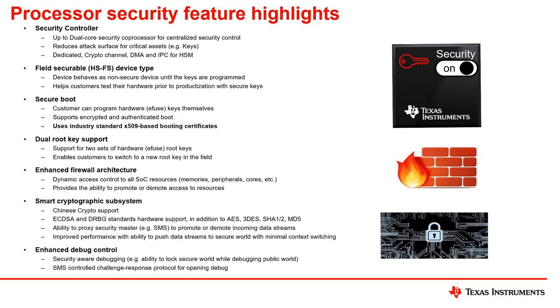The smart cryptographic subsystem is very important for accelerating all the different encryption, decryption, and hashing algorithms that are needed to implement modern day security, and it's going to improve your boot time and make sure the algorithms aren't hacked as they're implemented in hardware. And lastly, of course, we talked about the debug control. You can debug in a secured system if you configure things properly, and you can disable debug, obviously, for those that don't need to have access to it.